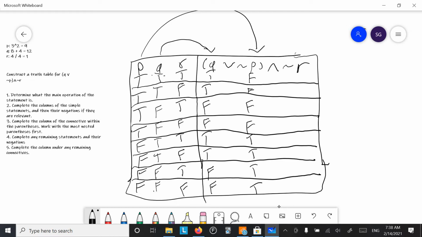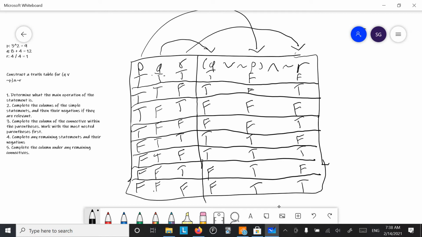Okay, and the negation of R, it's the same thing. Okay, so that is what we figured out.